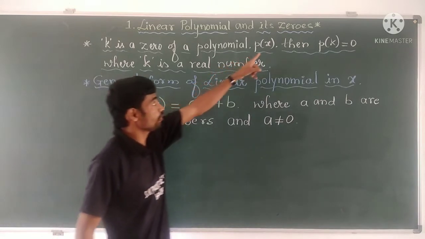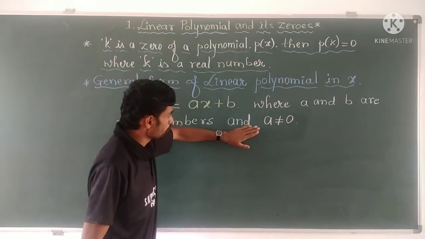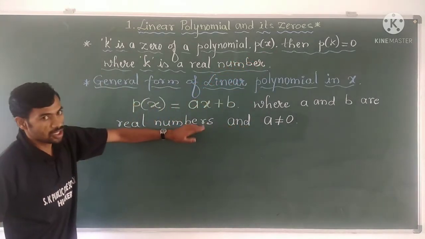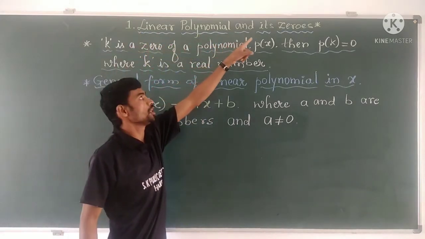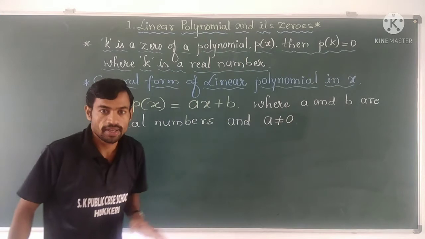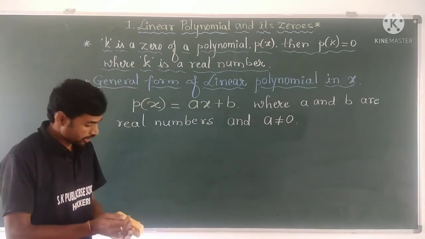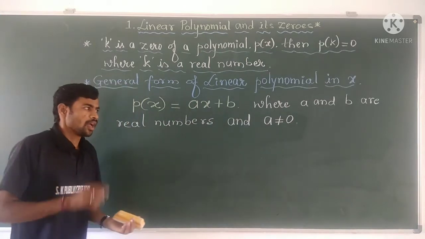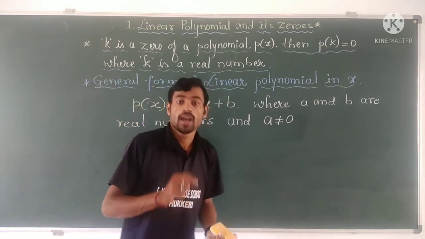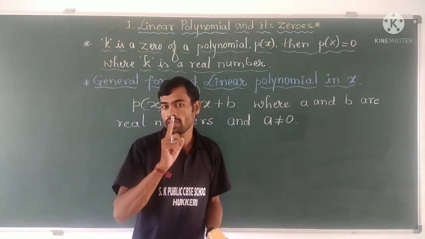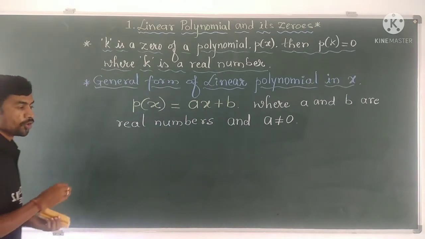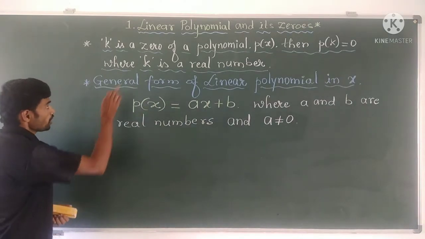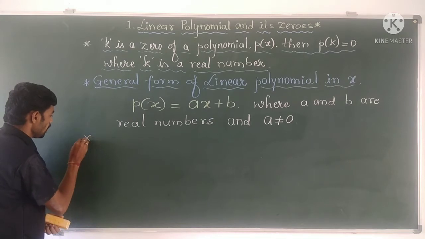So here for p of x, we have to take a linear polynomial, because we are discussing linear polynomial and its zeros. As we have seen, a linear polynomial has at most only one zero. It has one zero. That we should know.